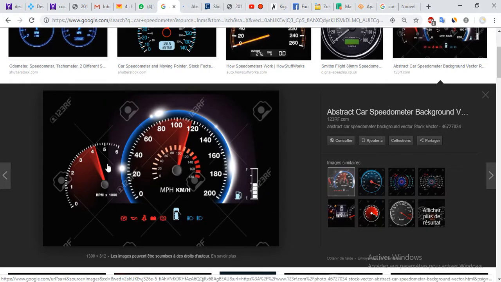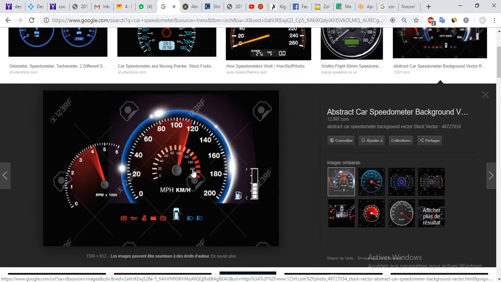It gives you an indication of the current condition of your vehicle. You've got a speedometer, you have the RPM, and you have the tank level. It's showing you how much fuel you have in your tank. This is the exact purpose of the balance sheet. It's like a dashboard. It's showing you the current position of your company.